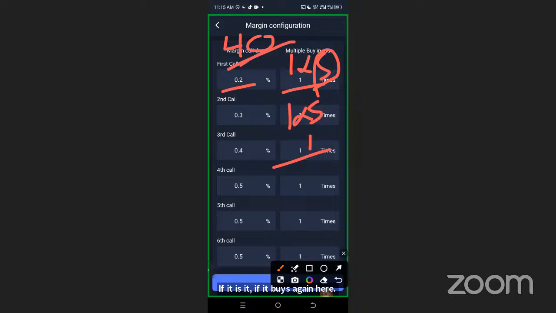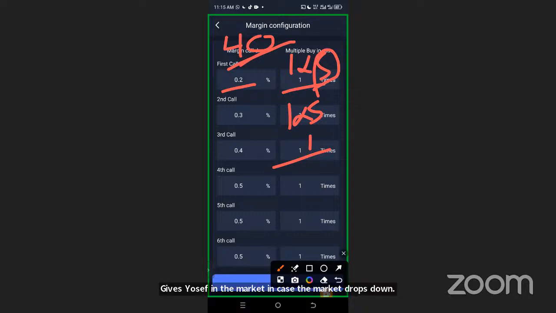So trading with margin calls gives you safety in the market. And again, what you should put in mind is that it is not a must that the robot has to buy all the margin calls that you have set. However, setting the margin calls gives you safety in the market in case the market drops down.